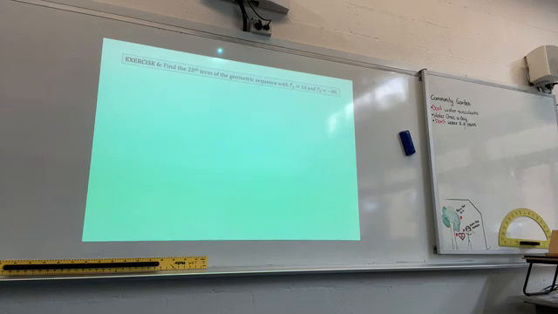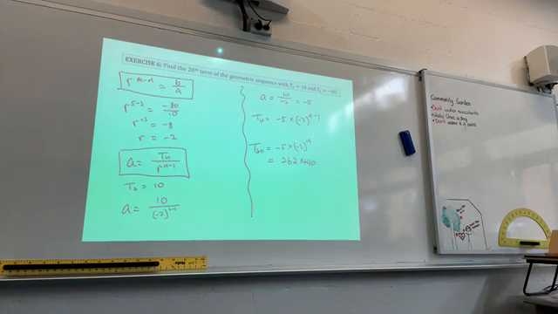If you know T2 and T5, you should be able to work out what your ratio is, and then you should be able to work out what A is. So, therefore, you should be able to work out T20.